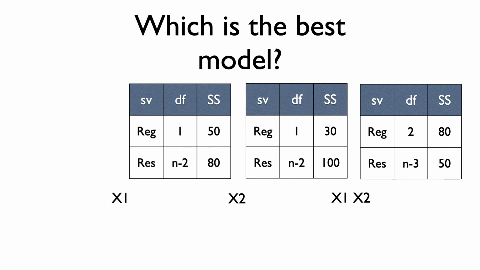Here's x2, and x1. They don't overlap because this here is 30, and this here is 50, and these two together are 80.